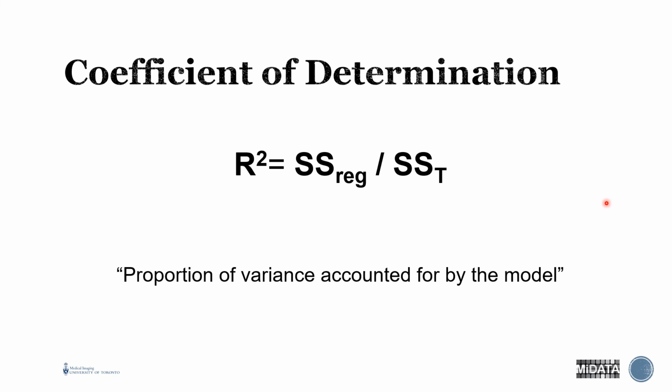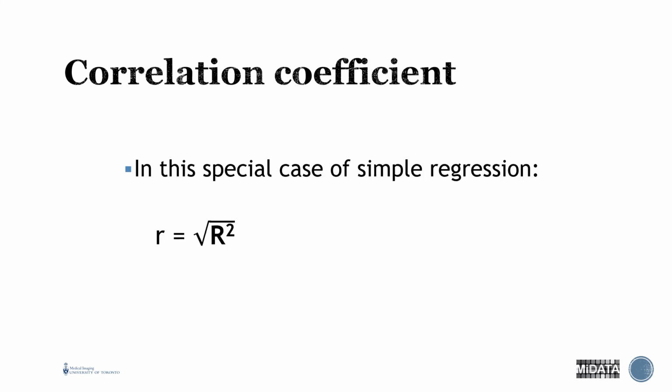Once again, the coefficient of determination, R square, in this case is going to be the sums of squares regression over your total sums of squares. And once again, it represents the proportion of variance accounted for by the model. But this time, your regression model, not your ANOVA model.